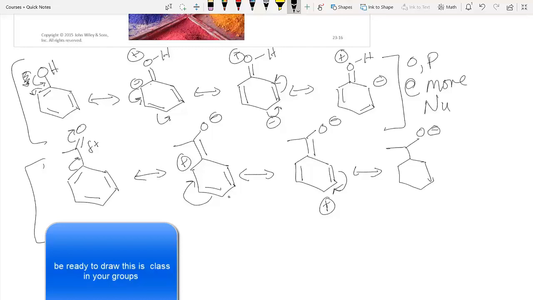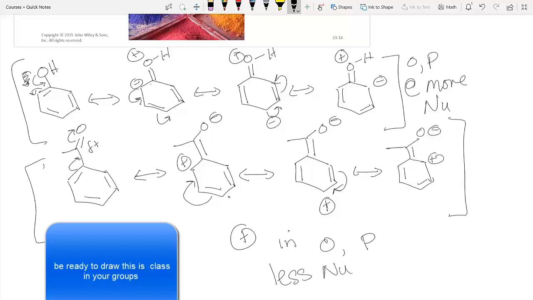This then tells us that the ortho and para positions of this molecule are less nucleophilic. Remember, we're using these molecules as a nucleophile, so our argument is going to become towards the nucleophilicity of these molecules. So they become less nucleophilic at those positions. And because they're less nucleophilic at those positions, the only possibility left on my molecule is the meta position.